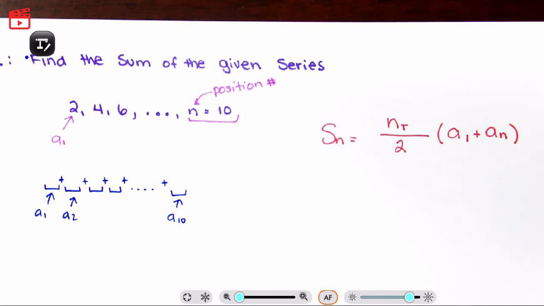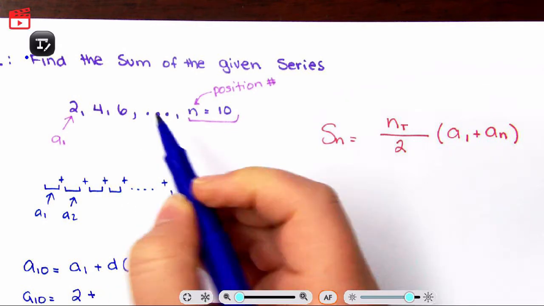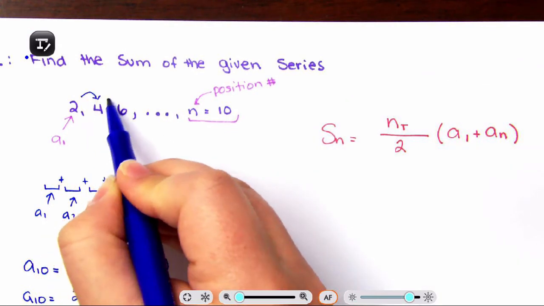So let's go ahead and do that here off to the side. We need to know what a sub 10 is. So we're using our original explicit rule. a sub 10 is equal to a sub 1 plus d times n minus 1. I'm just going to rewrite this real quick. A sub 1 we said was 2. Common difference, well, we need to find out what the common difference is. What's the pattern?